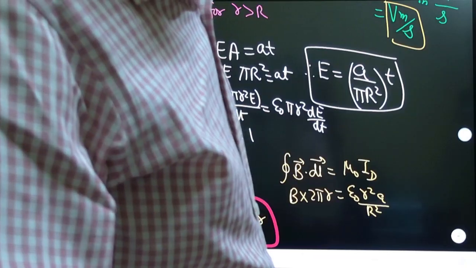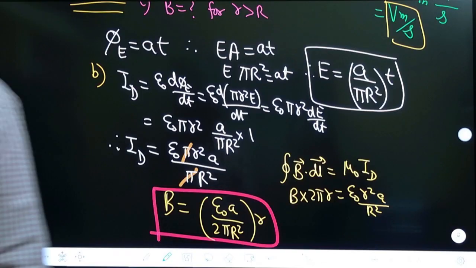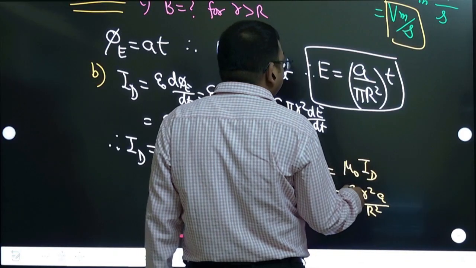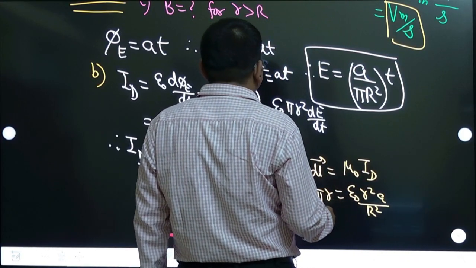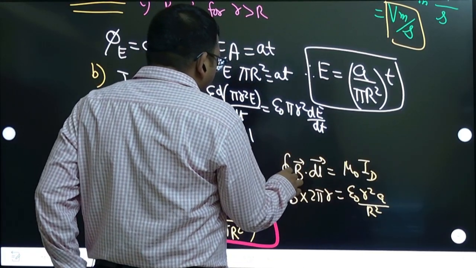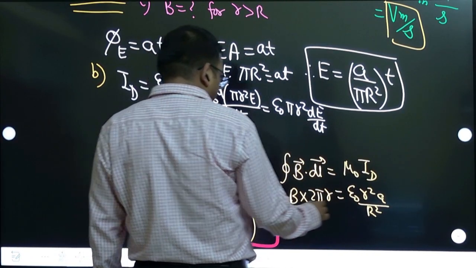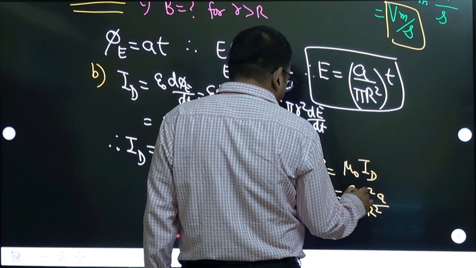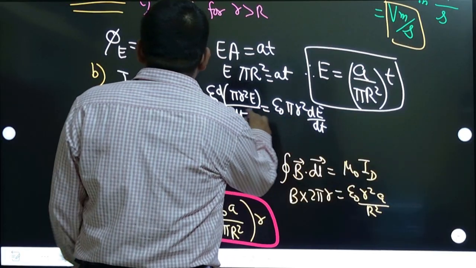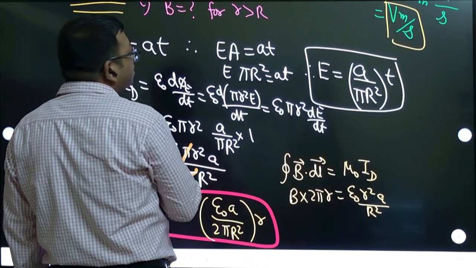Yes, Lalit. Mu naught I missed here. Where did I miss mu naught? Here, I think I missed mu naught. Displacement current I calculated, right? Mu naught I missed here, right? Correct. One extra mu naught should be there, because we have calculated displacement current in terms of epsilon naught r square A by capital R square.